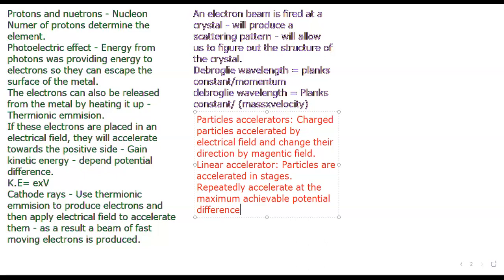If I remember correctly, they were providing around 50 billion volts of potential difference, right? That's how much they have to use to provide the energy to the electrons to get them to accelerate, right?